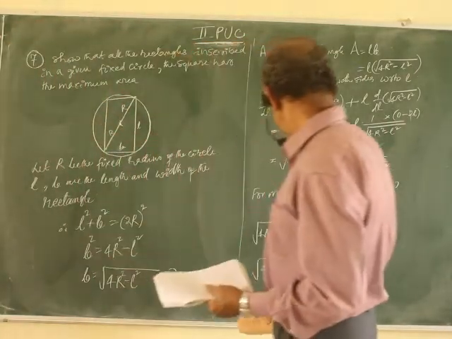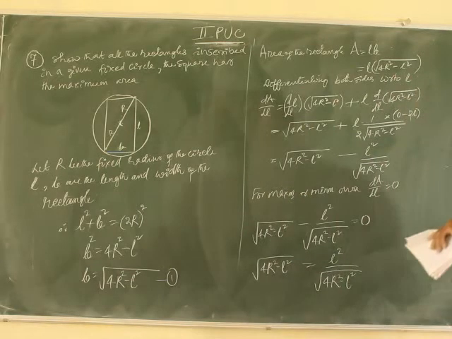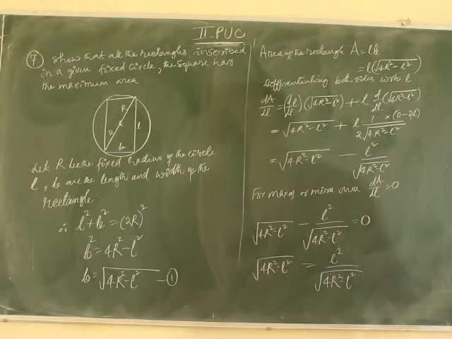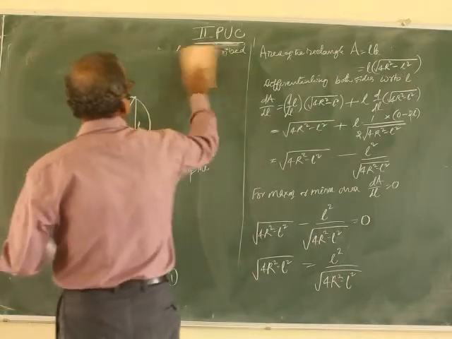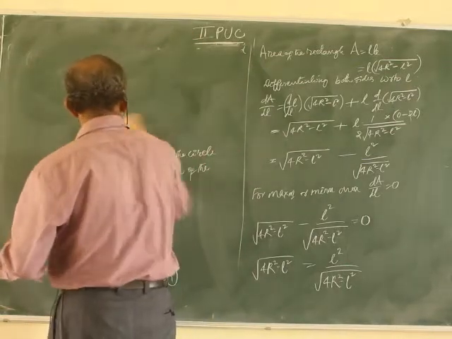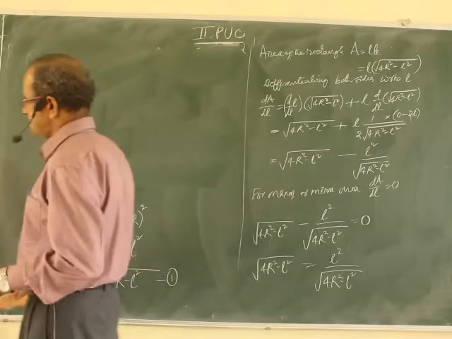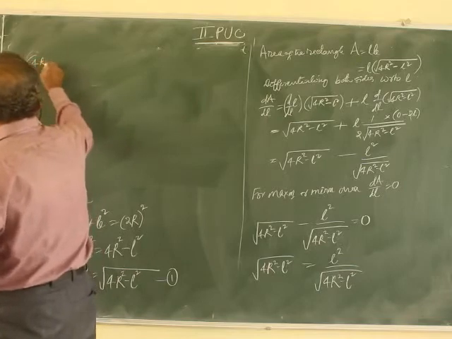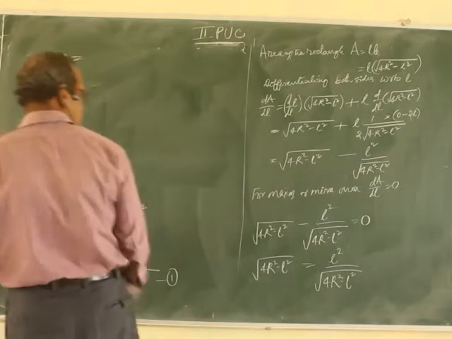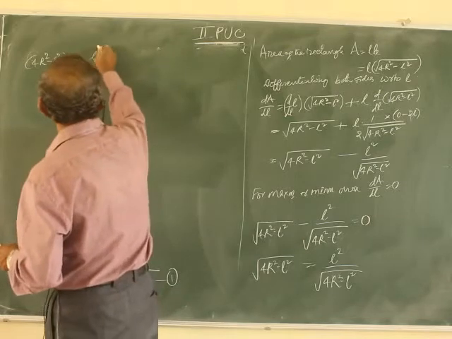Yes, cross multiplication. Bring that to the left hand side: 4R square minus L square equal to L square only.